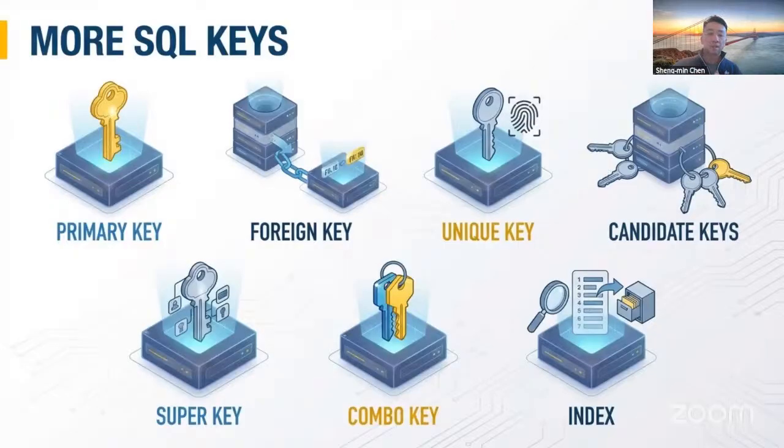But before we get to the last part of this slide, which is the index, let's review all the different keys here. We just went over primary keys: they cannot be null, cannot have duplicates, and there's only one primary key in a table. Foreign keys can be multiple, but they need to have their primary keys from the parent table existing already.